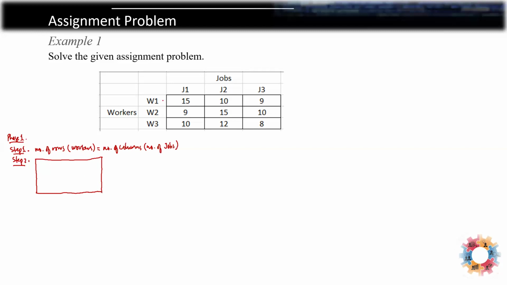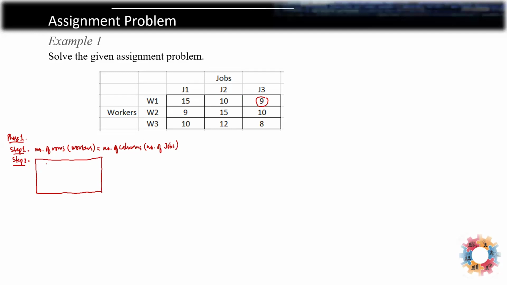In the first row, it corresponds to worker 1. The smallest number there is 9, right? After identifying that number, the smallest number 9, you subtract it from each entry in that particular row.